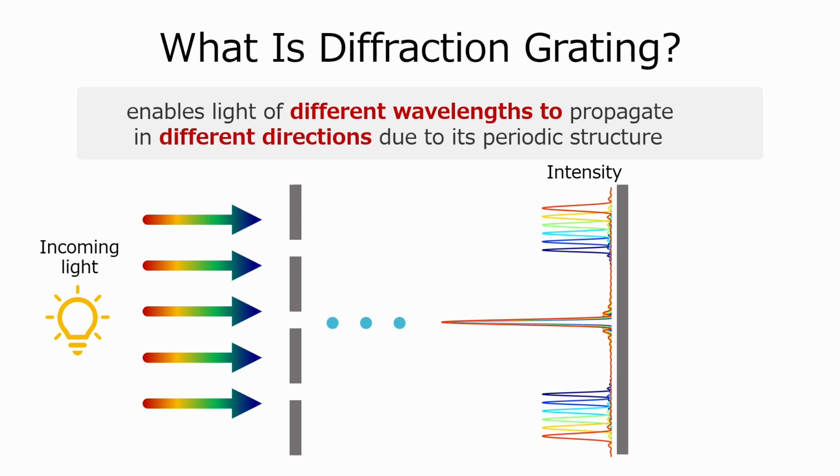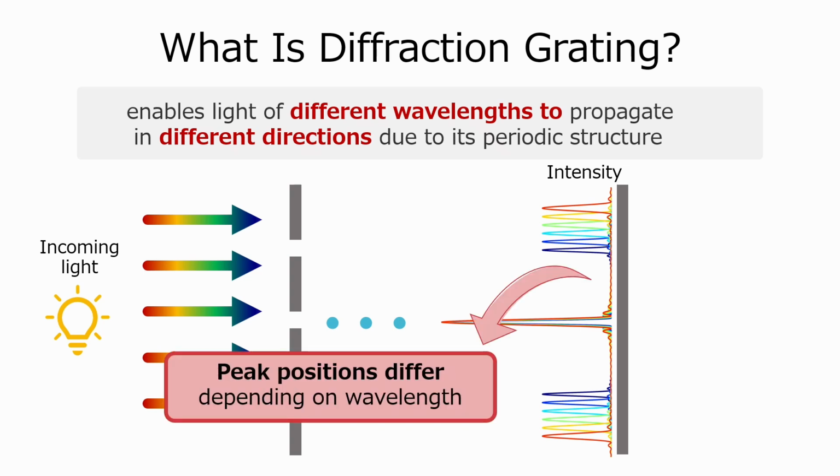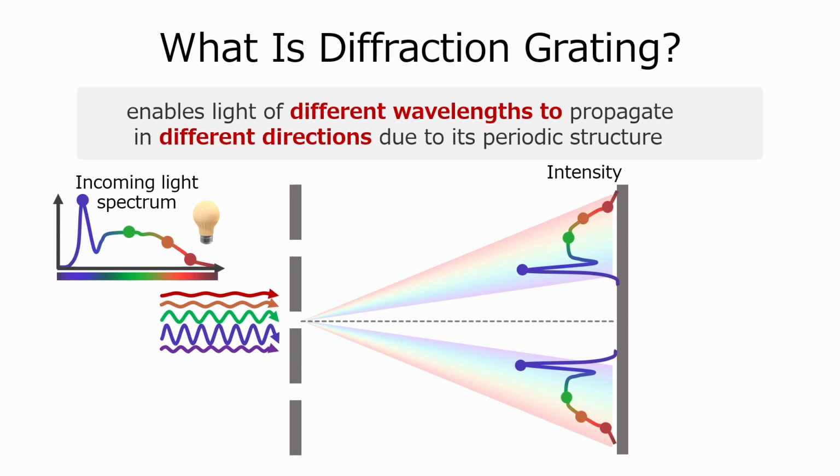So, what is a diffraction grating? It is an optical element made of many narrow slits arranged periodically. This structure separates light by wavelength, propagating the different wavelengths in different directions. For example, when such an incident light spectrum is directed onto a diffraction grating, each wavelength is dispersed in a different direction.